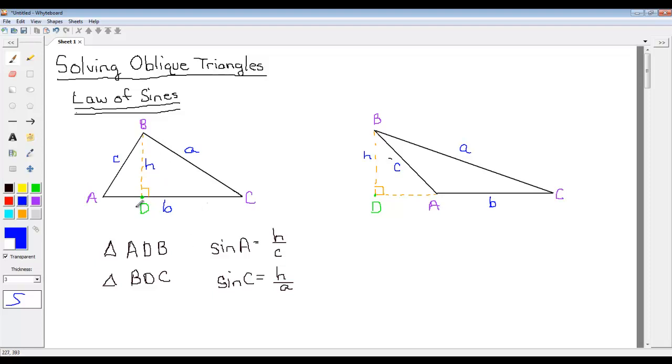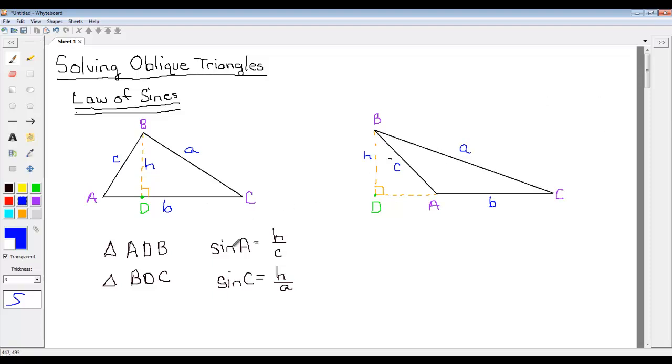Looking at this triangle, sine of A, this angle A, is opposite h over hypotenuse c. Sine of C is opposite h over hypotenuse a. So for either triangle, these two formulas work.